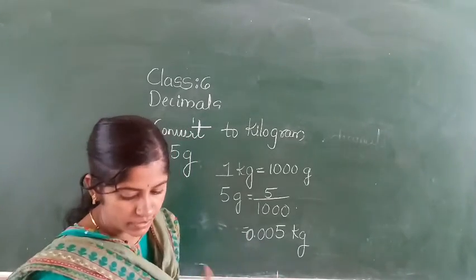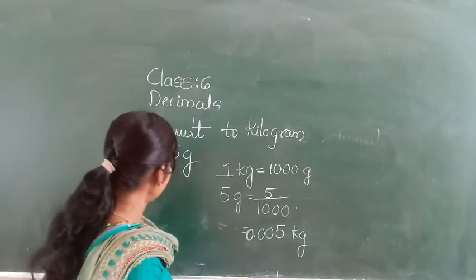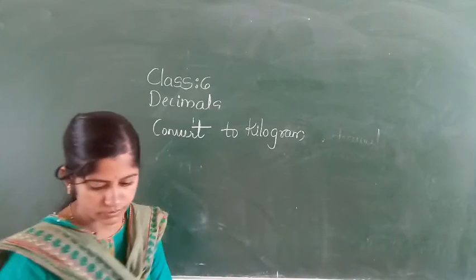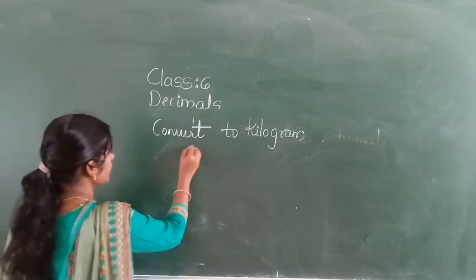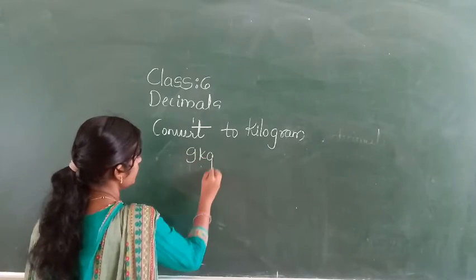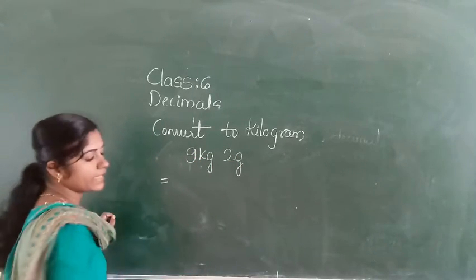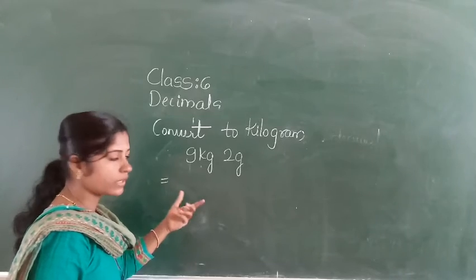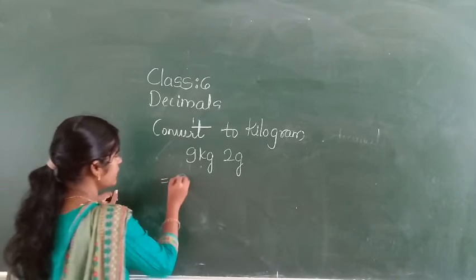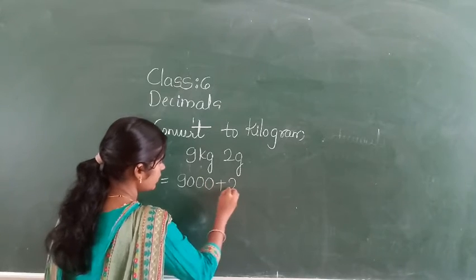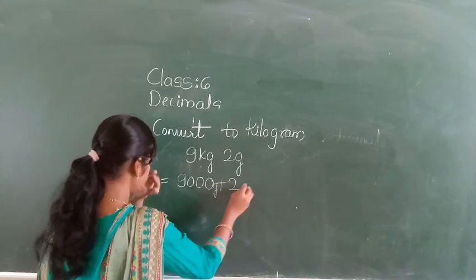Okay, I will take here one more example, and that is 9 kg 2 gram. You convert this 9 kg in gram, multiply with 1000. 9 into 1000 is 9000. Okay, plus 9000 gram plus 2 gram.